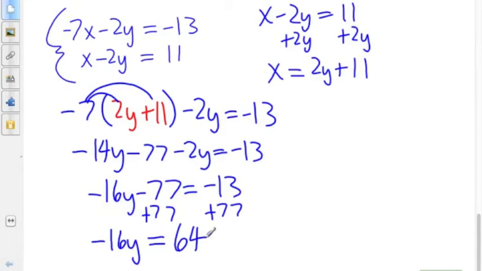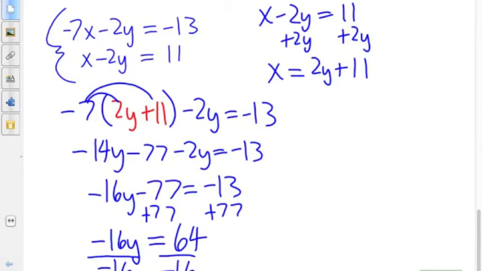Should be 64. It's 64. And then I divide both sides by negative 16, and I'll get that y equals negative 4.